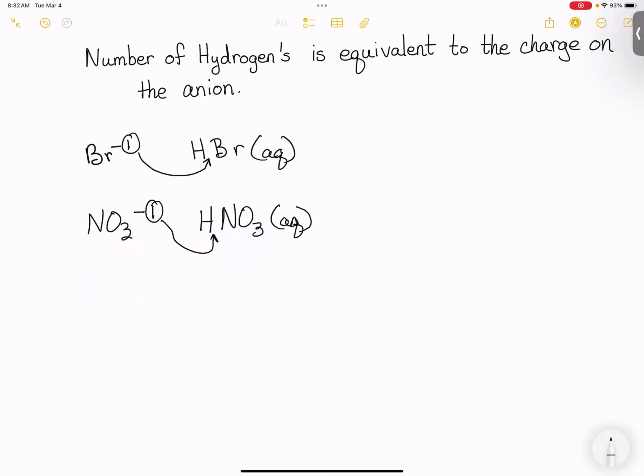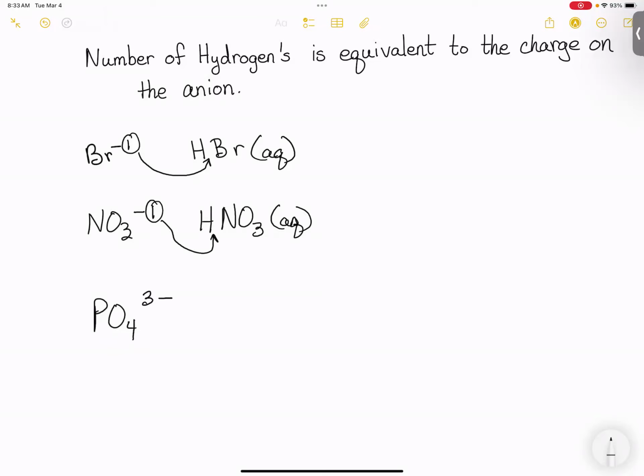If I say phosphate, what is phosphate? Here is where the 3- comes in. Phosphate carries with it a 3- charge.